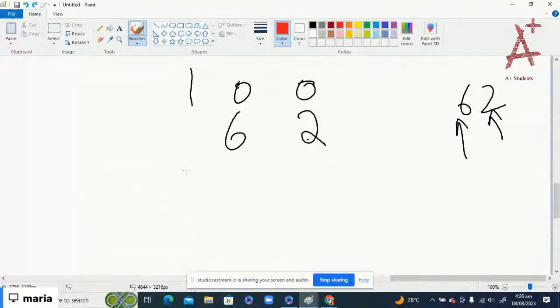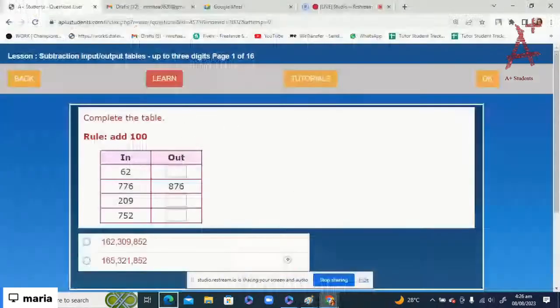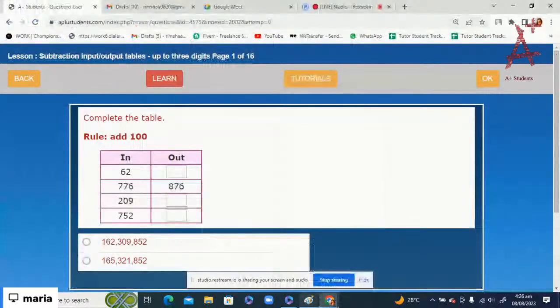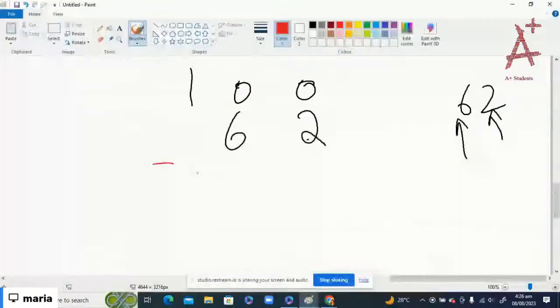Now subtract. It's subtraction or add up with 100. Sorry. Okay. Add up. Now add 0 plus 2.